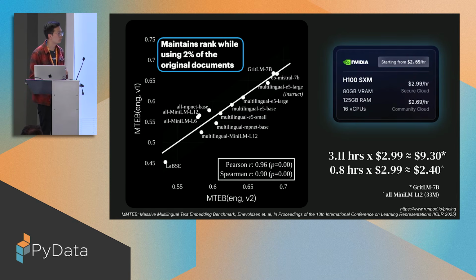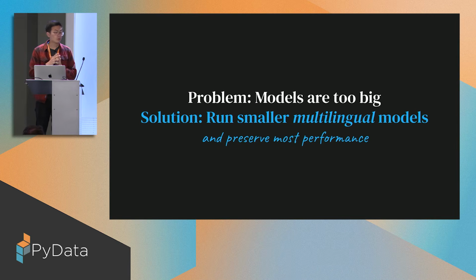I've taken a quick screenshot on RunPod to check pricing as a back of the napkin math. Now it's about $10 instead of the original 1,800. And what is implied also is that it retains relative model ranking, which was important when we were creating this. So that was data sets.